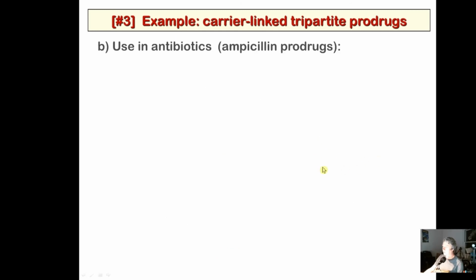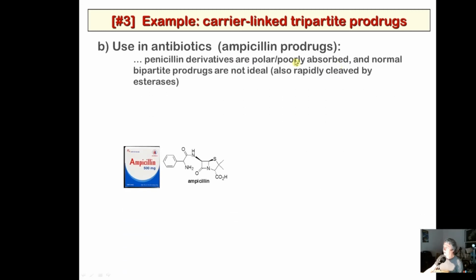Let's see an example. Let's show ampicillin, which is one of these penicillin derivatives, and a tripartite prodrug strategy for this. Okay, so penicillin derivatives are very poorly absorbed because they're polar.